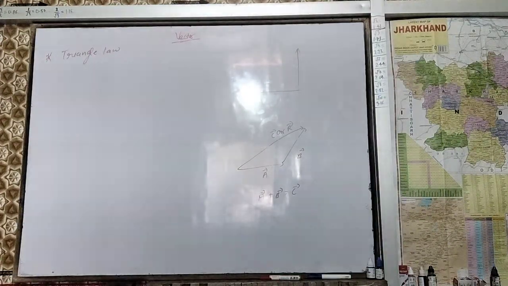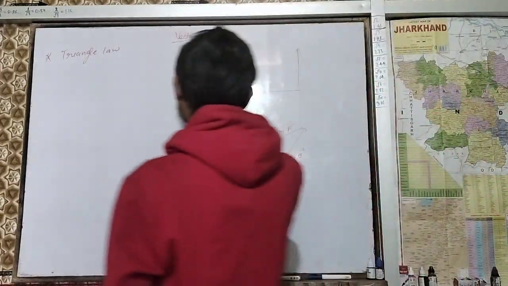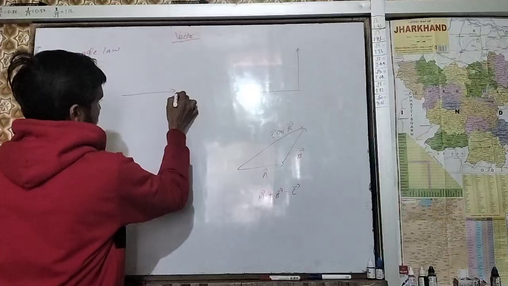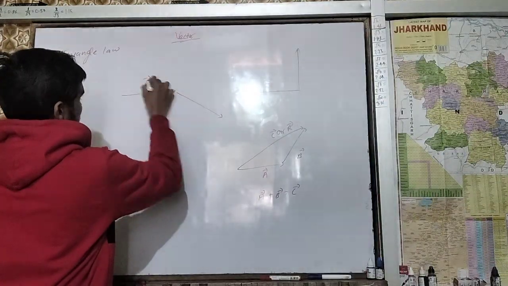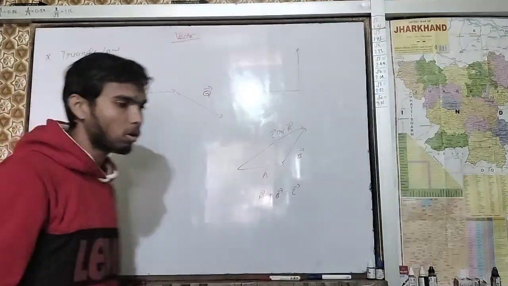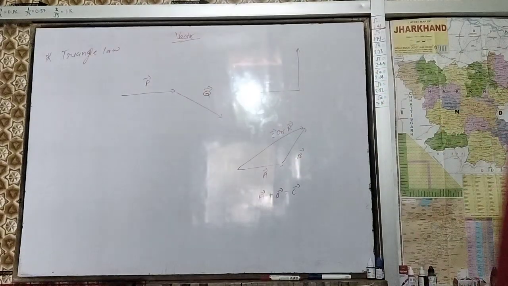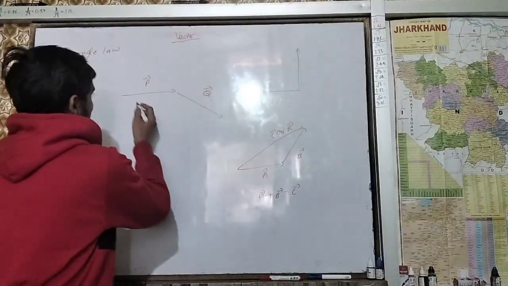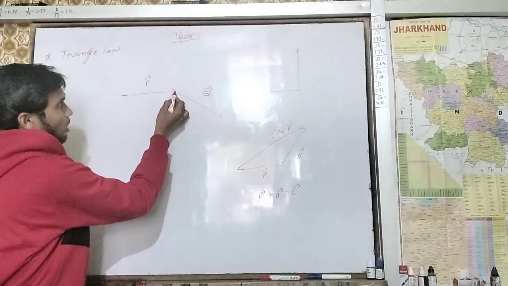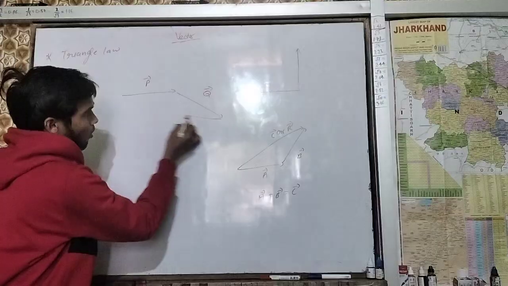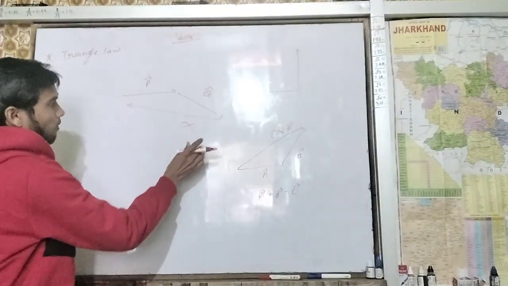Now next, we have P and Q. What would be the resulting vector? It is going like this, from here, then again from here. So we will not go like this; this will be incorrect.